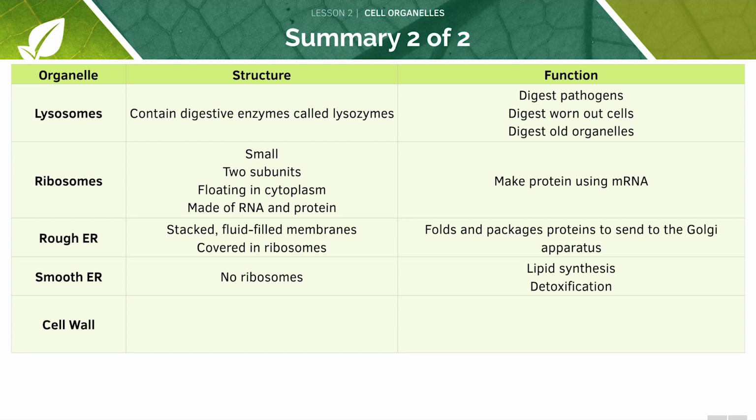Now let's take a look at the cell wall. In plant cells, this was made of cellulose. Whilst in fungal cells, it was made of chitin. Its function was to be strong and support cells.